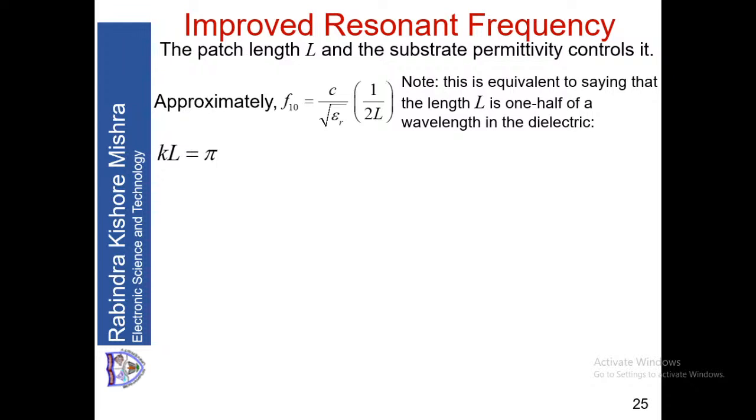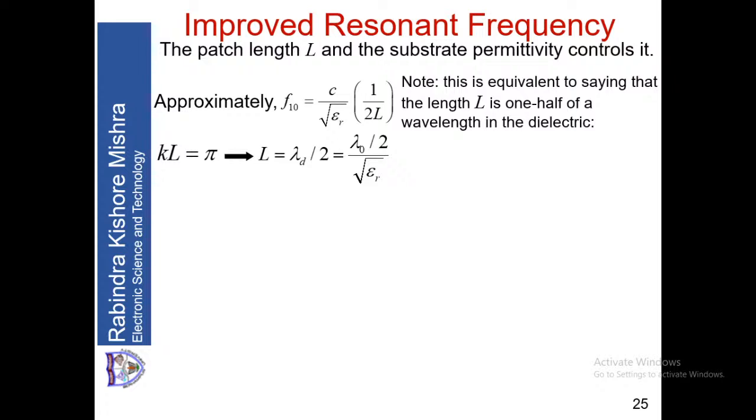So from that we obtained the resonant frequency. kL is equal to pi implies that L is equal to pi upon k, which is equal to lambda d by 2. What is lambda d? Lambda d is the wavelength within the dielectric, within the substrate. In free space it is lambda 0, within the dielectric it is lambda d. So L is equal to lambda d by 2.